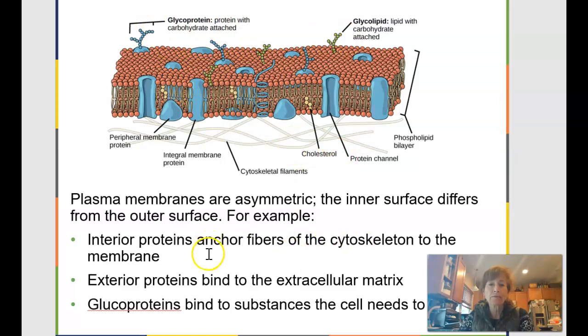They give you some examples here: some of the proteins on the interior are anchoring cytoskeletal fibers, while some of the exterior proteins are going to bind to the extracellular matrix, meaning outside the cell. Glycoproteins are also able to bind to things which the cell actually wants to take in.